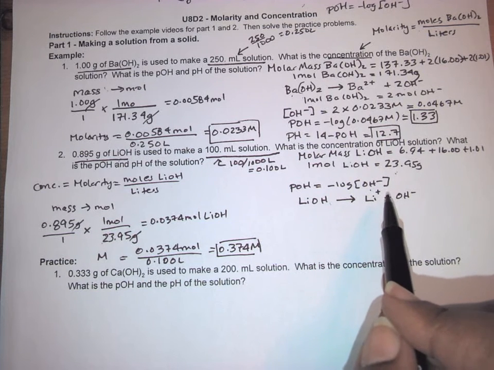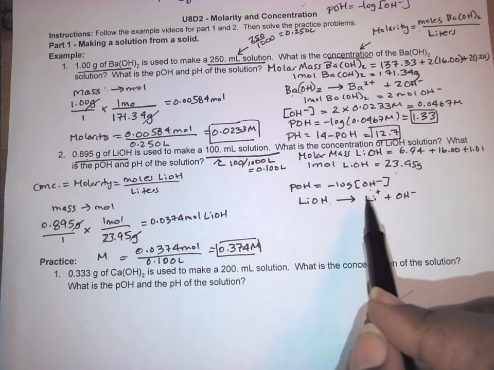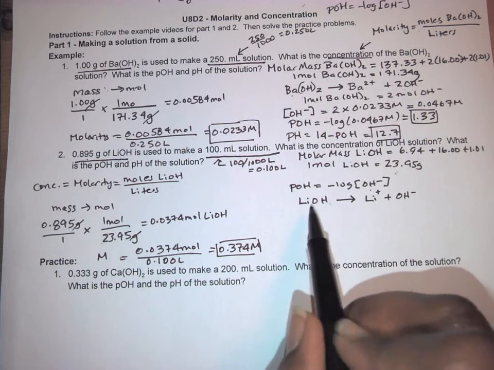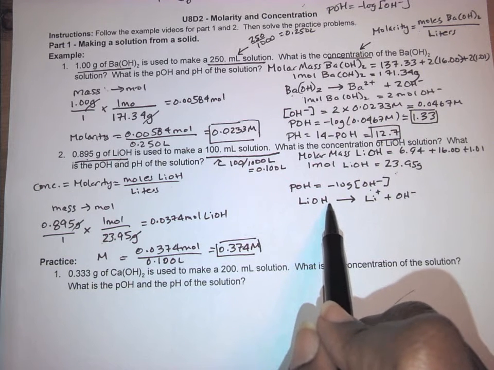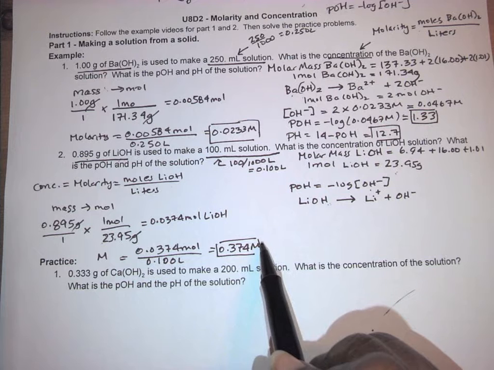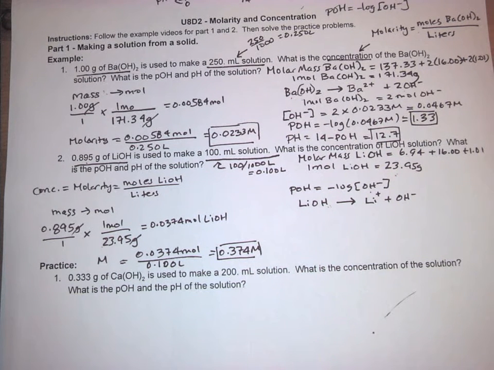And so for weak bases, you actually have to use something called the Kb. We're not going to see that here, but I just wanted to let you know that for all these problems, they're strong bases, and the reason why we can use this relationship, the number of hydroxides in the base, to get the concentration of hydroxide from the concentration of base, is because it's a strong base. So that's the only point I was trying to make.